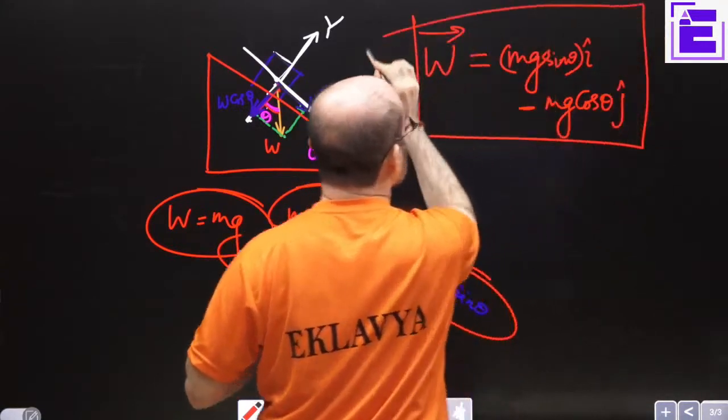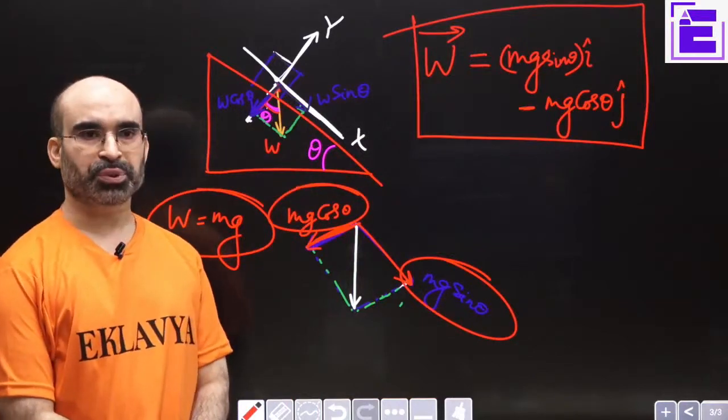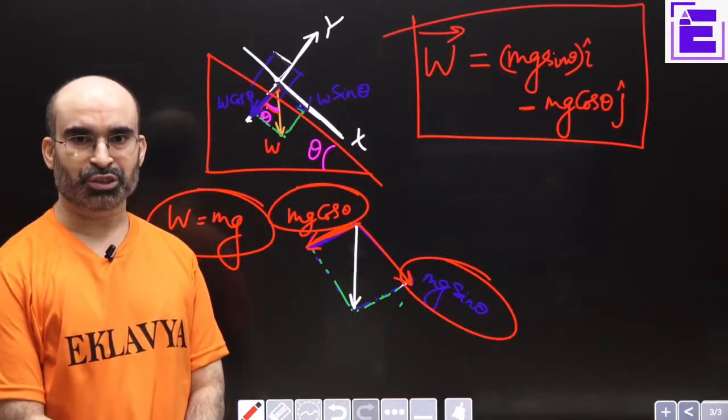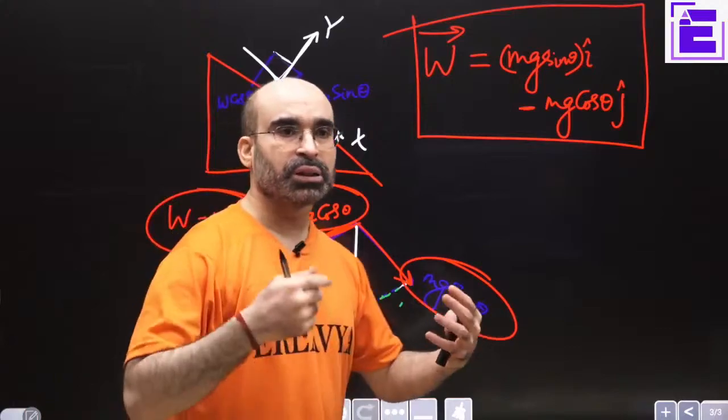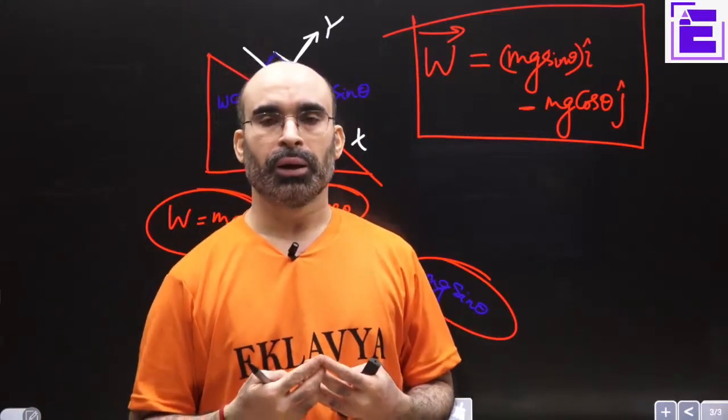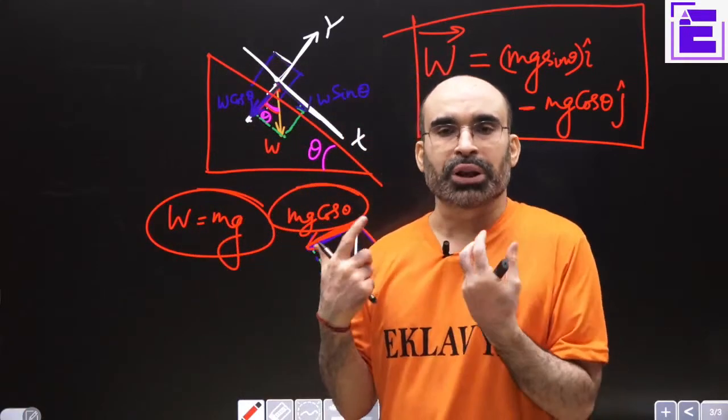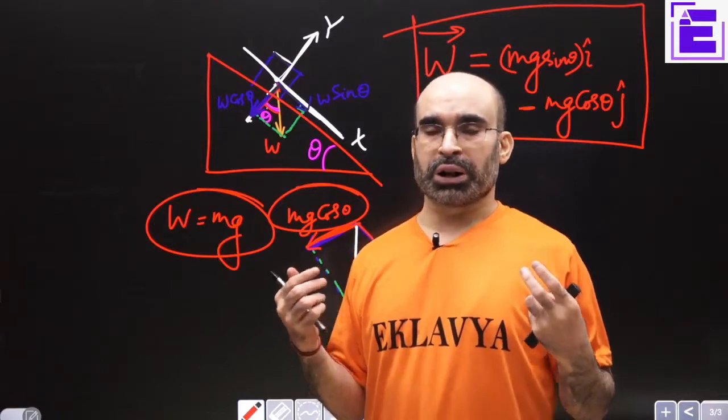So this is the representation. Understood? So we have this sort of calculation to do while solving problems.